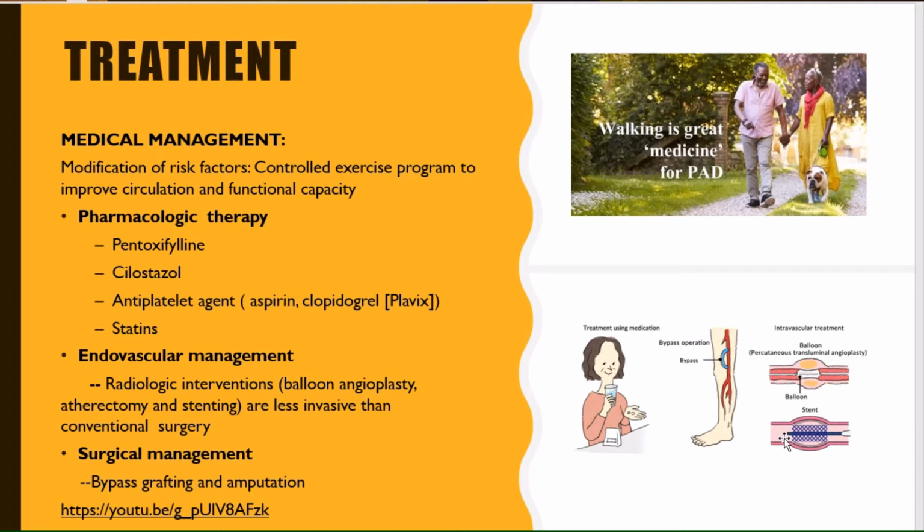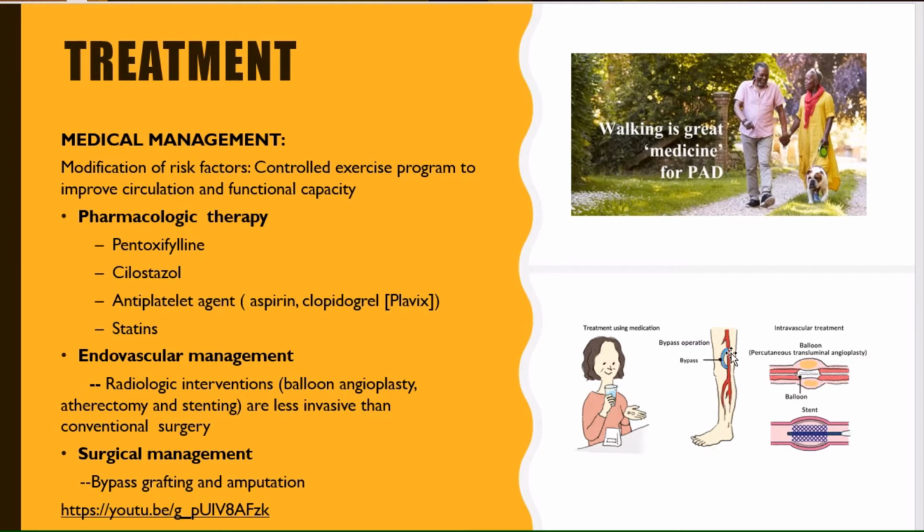Then in some cases, the doctor may try it and it may not work, so they need surgical management, that is bypass grafting. Sometimes they may even end up with amputation when there is necrosis and blood flow cannot be restored with the procedures.